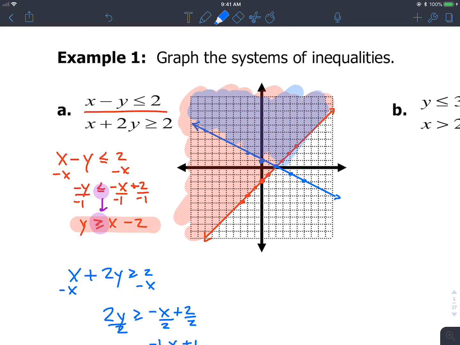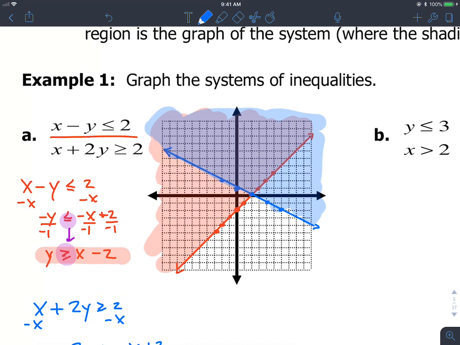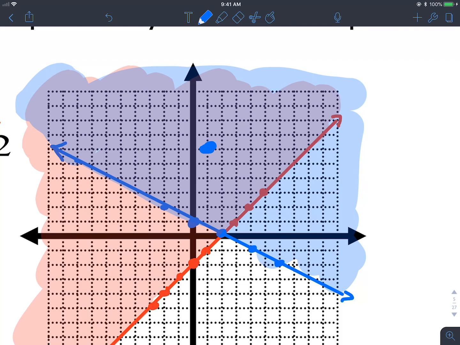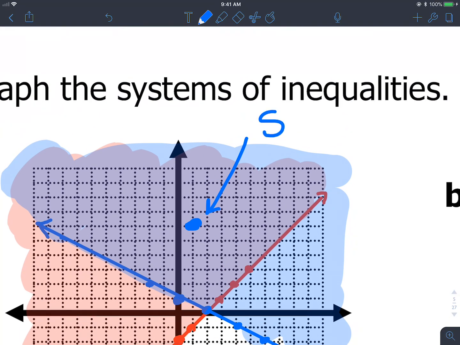The whole idea with systems of inequalities is that the overlapping region is where all of our actual solutions are for both inequalities. So anything in this overlapped region is where your solutions are. I'm even going to plot a point right here, and say that it is a solution to both inequalities.